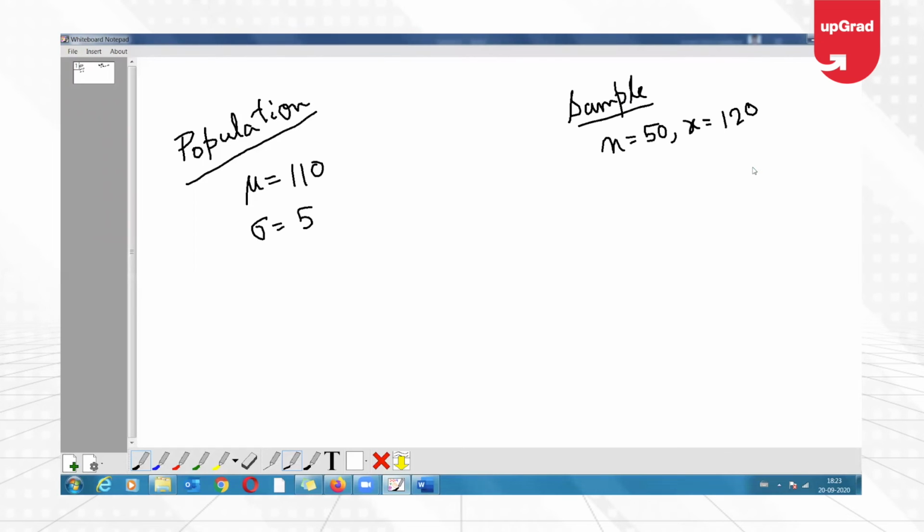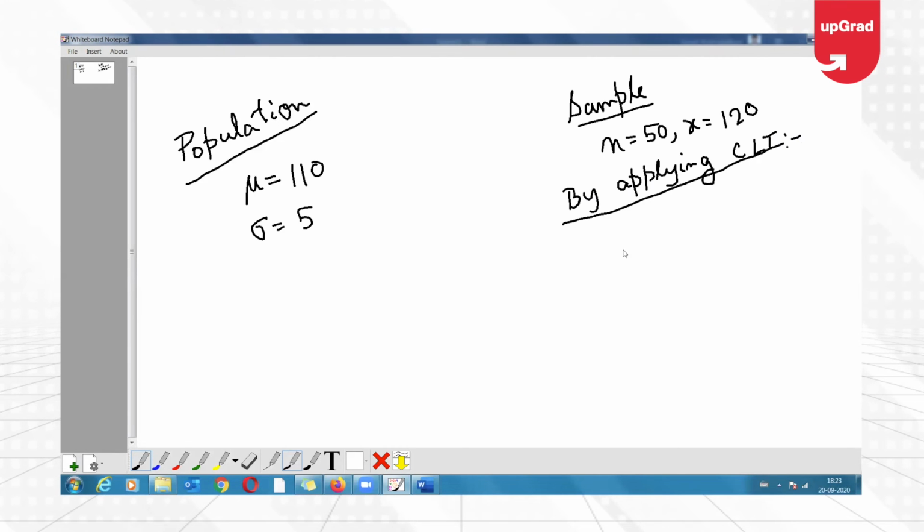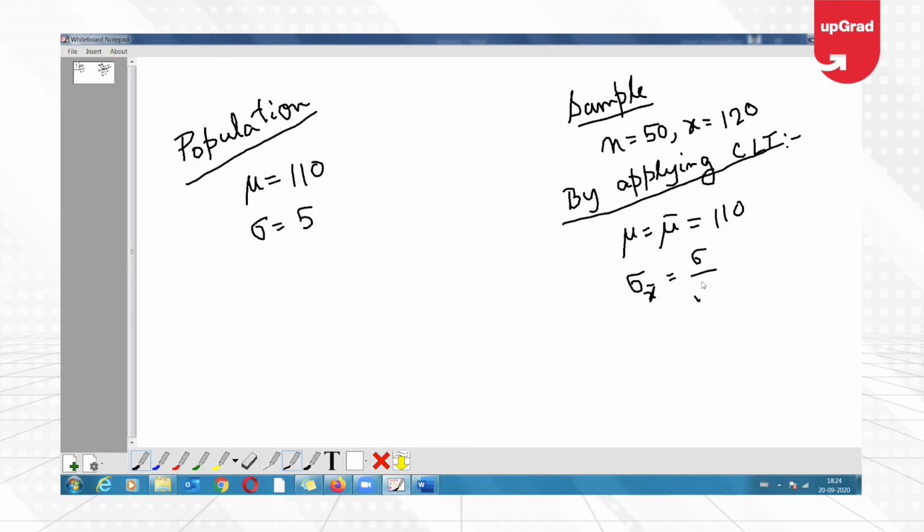Now if I apply the central limit theorem, mu x bar is equal to 110 and sigma x bar is equal to sigma by square root of n.